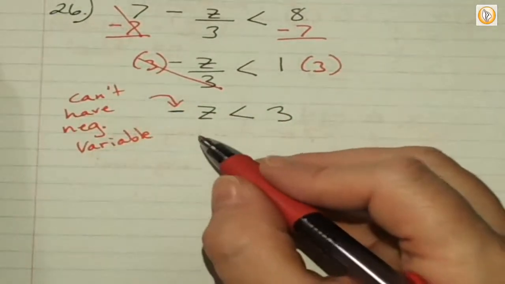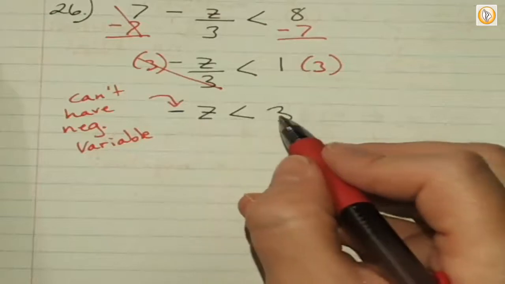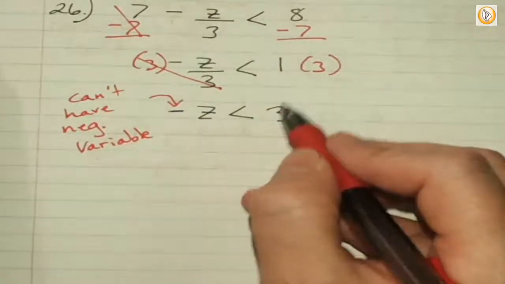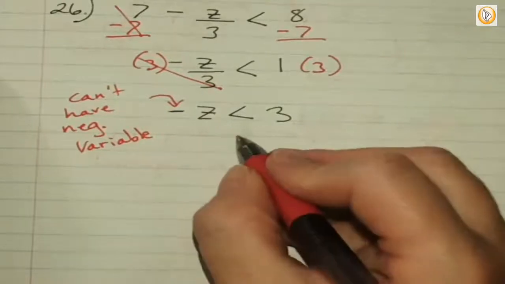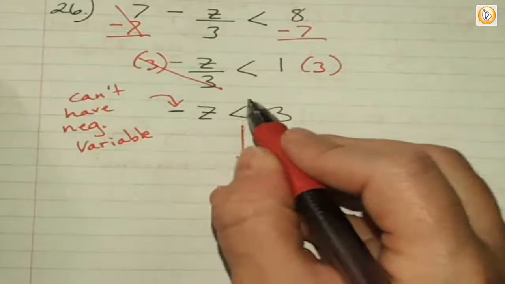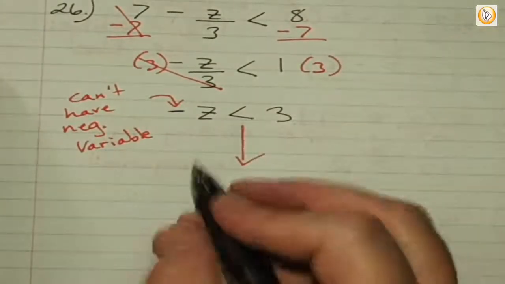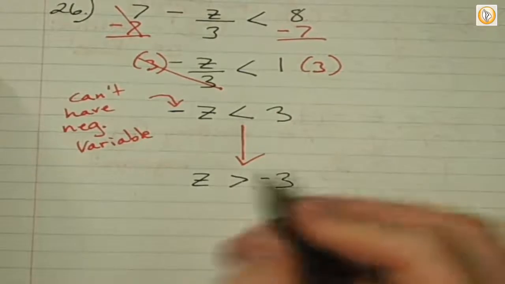So, Natalia, what do I do when I get rid of it? Get to the other side. Okay, so we're getting rid of it and applying it to the 3. That's basically like multiplying by a negative. So when you have a negative variable with an inequality, that too will flip the sign.